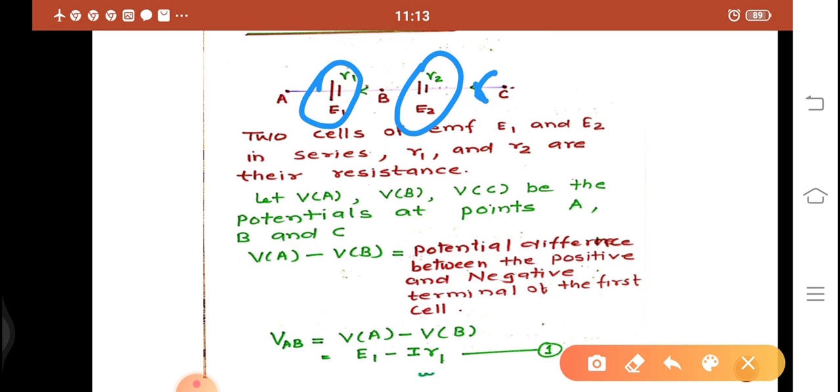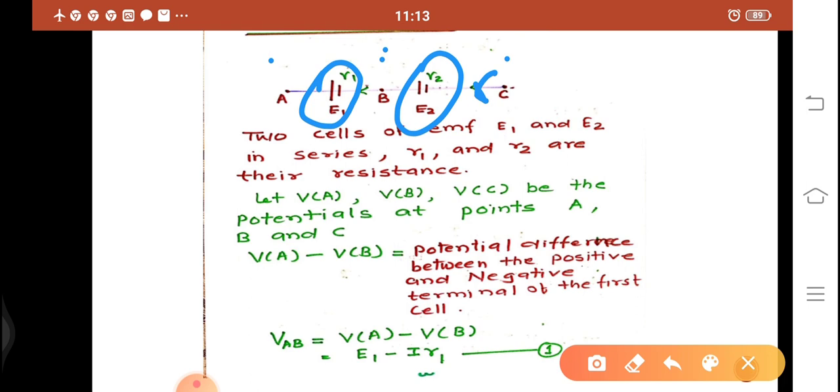So what is the potential difference between point A and B? VA minus VB is the potential difference between the positive and negative terminal of cell 1. Now what is the potential difference between B and C? VB minus VC.